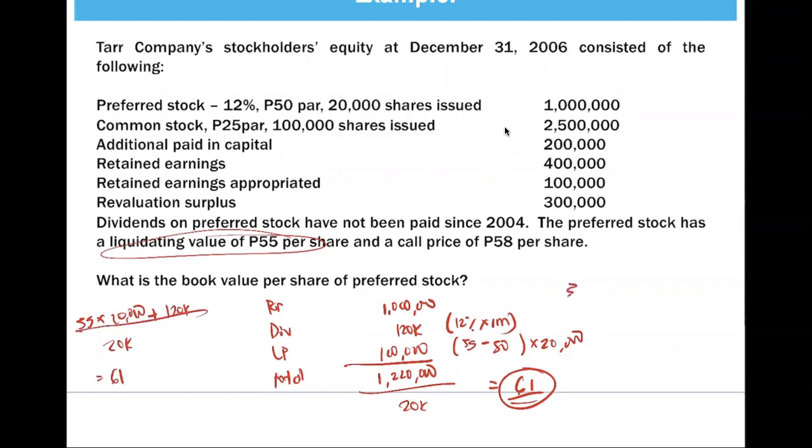Or you can have 55, which is the liquidation value, plus 120,000, which is the dividend, divided by 20,000, you will still get 61. So whatever method, so long as you get the 61. I just want you to know the items presented in your preference shareholders' equity: the par, the dividend, the liquidation premium, and in case there is a particular participation, you add the participation.